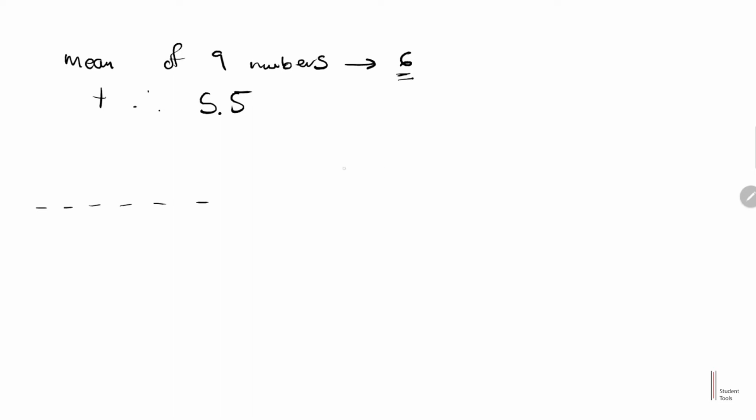We will call that the sum of the values in the data set. We will call that S in this case. We divide it by the number of values that are in the data set. And in this case, that will be equal to a 6.